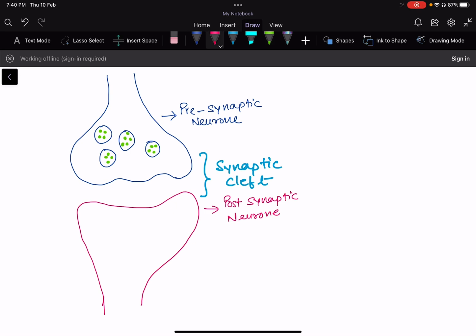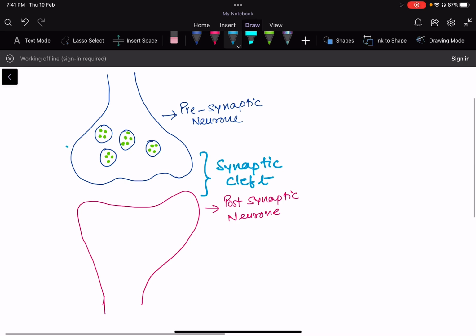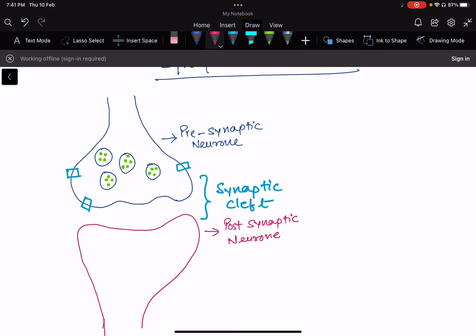Okay, and we also have some channels like this. All right, this is the extracellular fluid, the part outside the neuron, and this is the inside of the neuron. Normally the sodium and calcium ion concentration remains very high in the extracellular part.